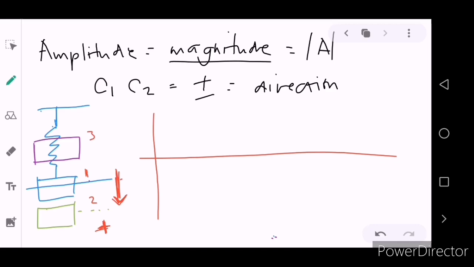Why? Kasi mas humaba yung elongation. And then, once na bumalik siya naman sa first position papuntang third position, meron naman tayong negative displacement kasi nag-compress siya. Okay?